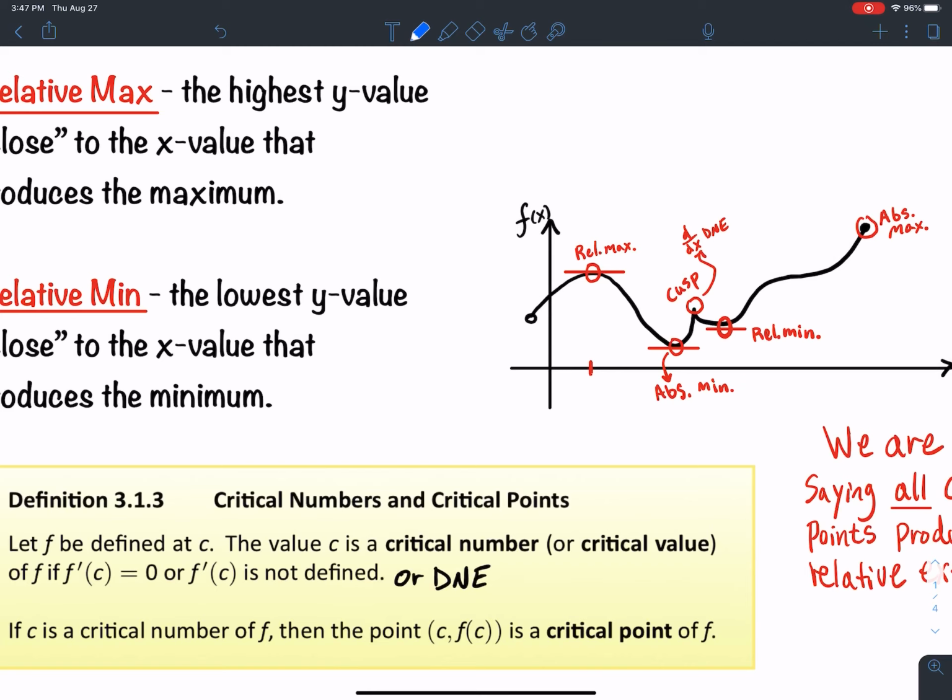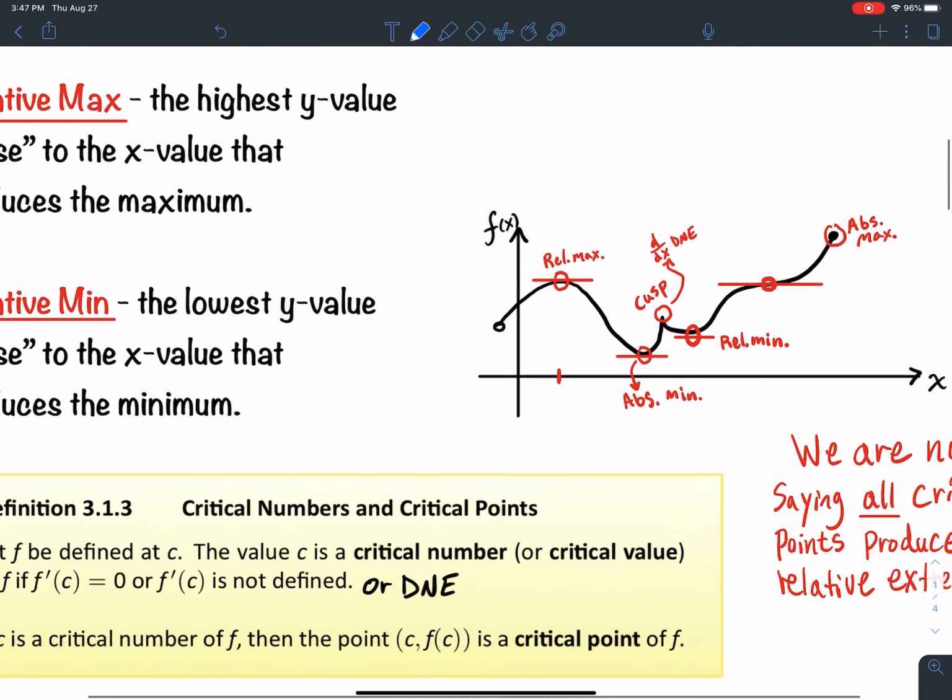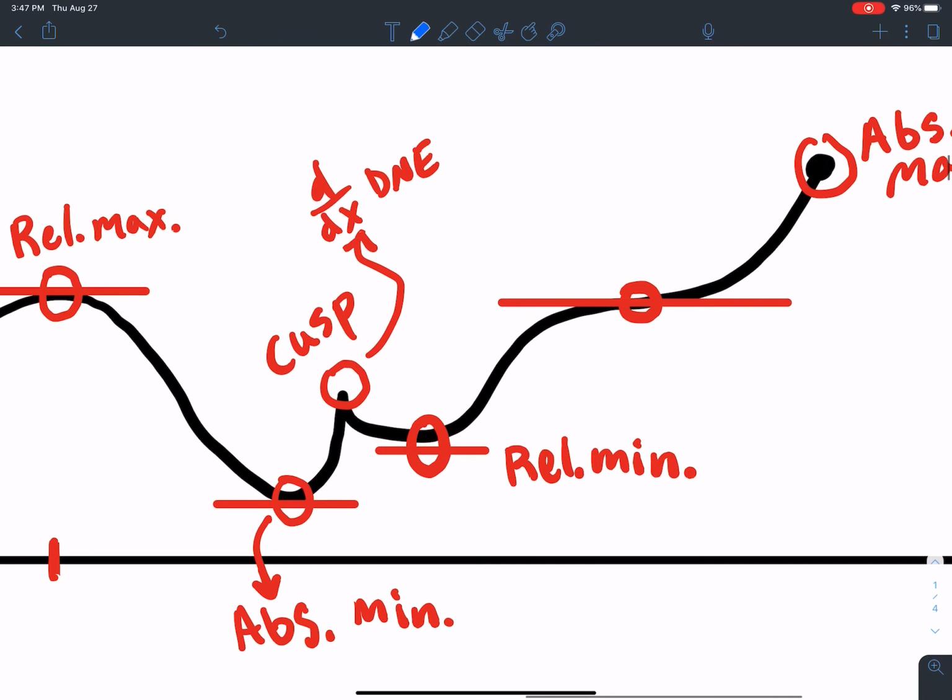okay? Here we see another 0 slope, all right? And then what about here? This right here, my friends, is an example of what I'm trying to illustrate with the whole point of this. We're not saying that all critical points produce relative extrema. Clearly, this point here has a derivative equal to 0, okay?